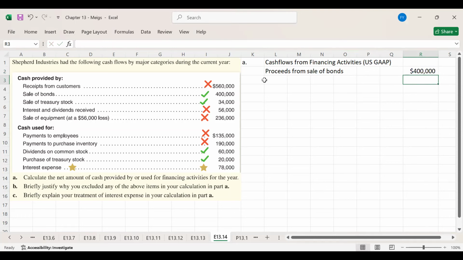Then we have sale of treasury stock. Proceeds from sale of treasury stock, and the amount is $34,000.